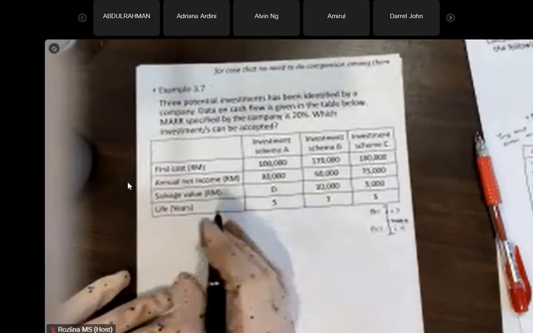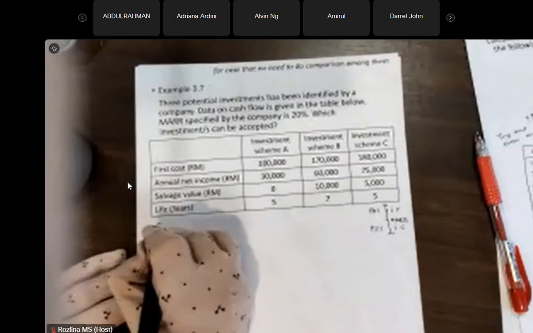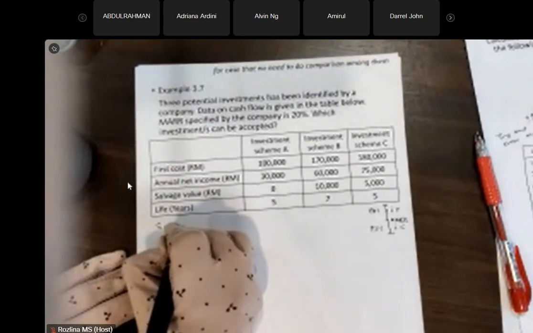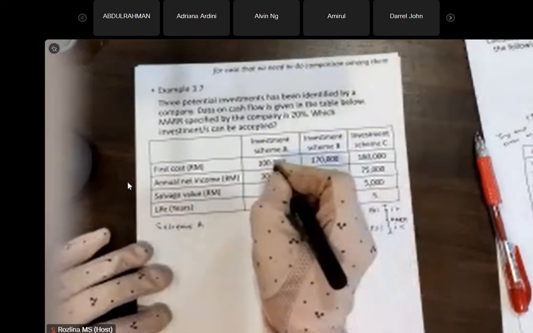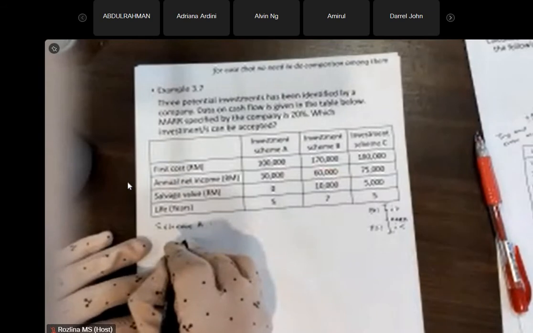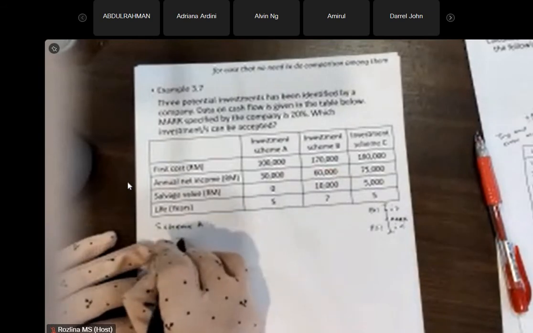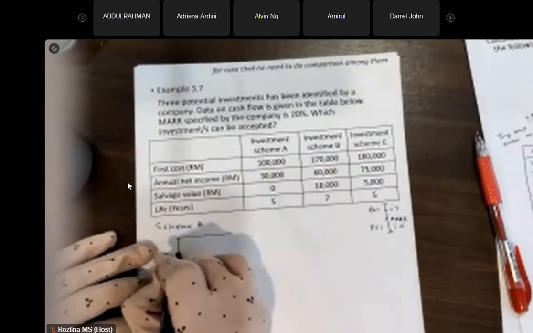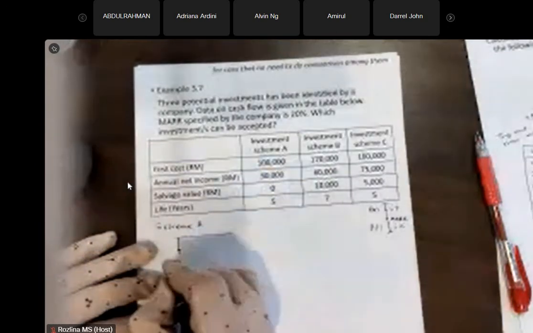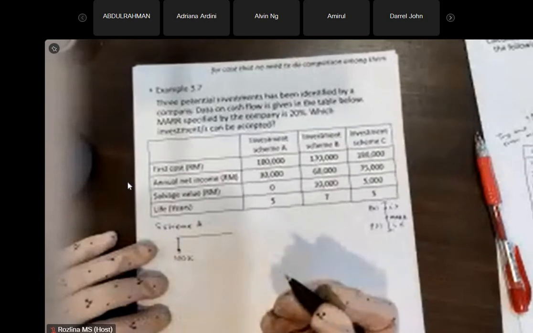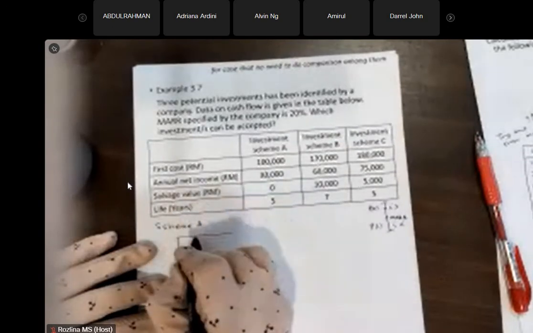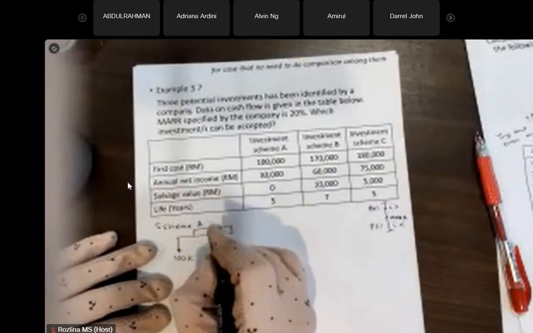Okay, start with scheme A. This is the diagram. First cost is 100,000. Annual net income is 30,000.